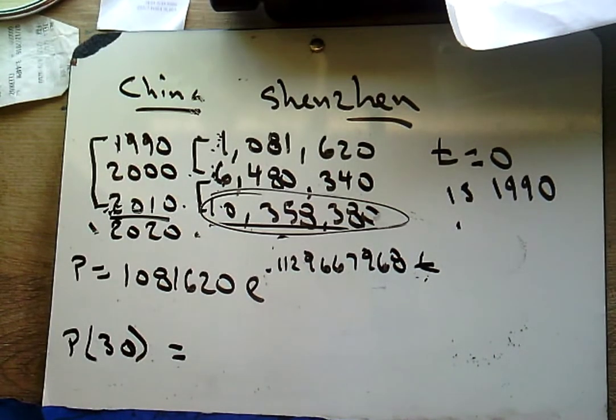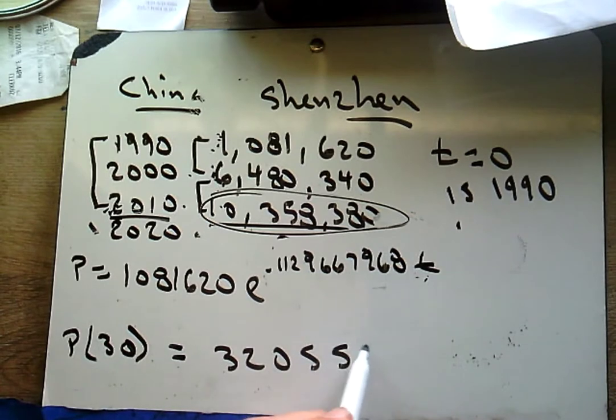So I take my r value and multiply it by 30 and use e raised to that power, and then multiply all that times this initial amount, 1,081,620. I get 32,055,341.222.